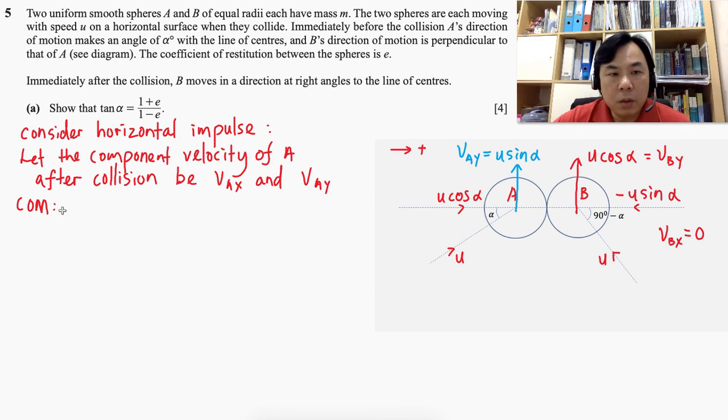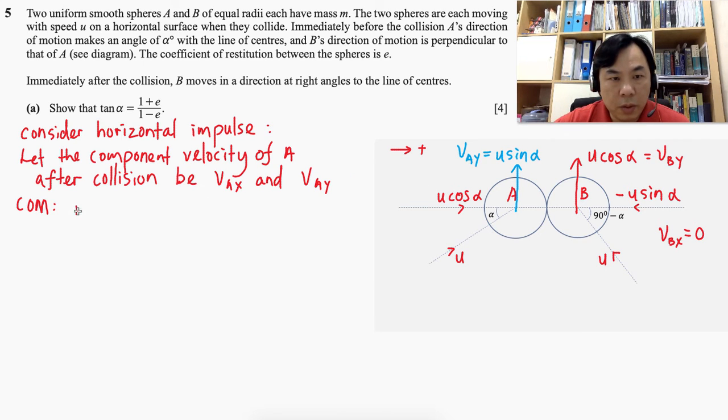So let's apply conservation of momentum along this direction here. Therefore, we have total momentum before and after collision must remain the same, provided there is no external force acting on the system here.